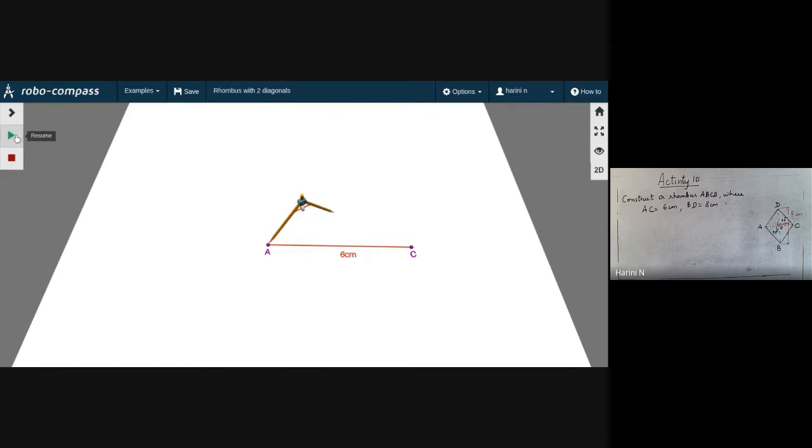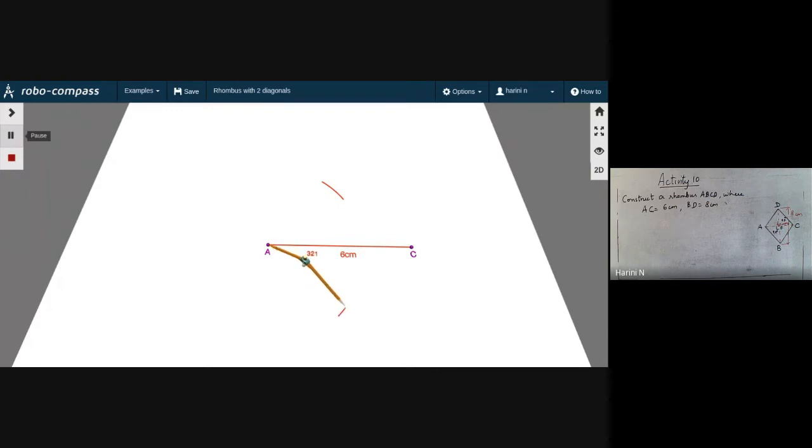So what you must do, take your compass, keep it at A, and take a length almost near to C. Don't place it on C, take it a little beyond C. That means more than half of AC you should take as your radius. So keep your compass at A, and with the radius more than half of AC, you will cut an arc above AC and below AC also.